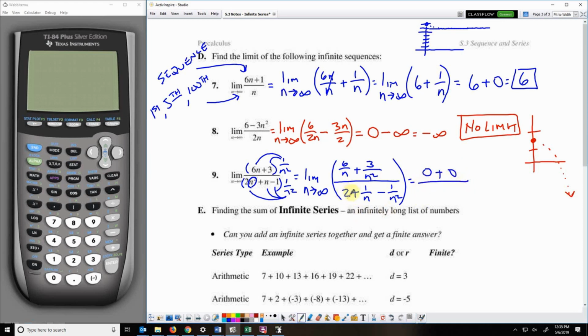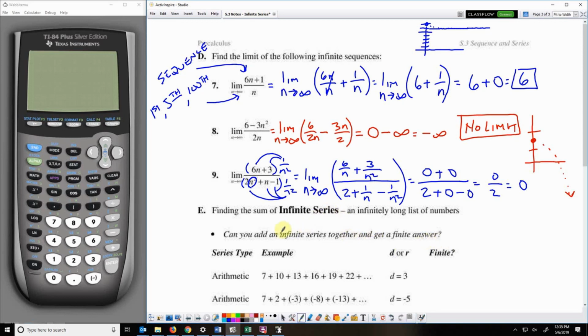There's no n here, so this 2 is just going to stay 2. Plus n in the denominator, as n gets bigger, that will approach a value of 0. Minus, as n gets bigger, that denominator gets bigger, so this will approach a value of 0. So I've got 0 over 2, which has a value of 0.